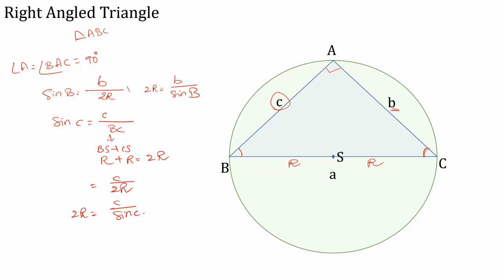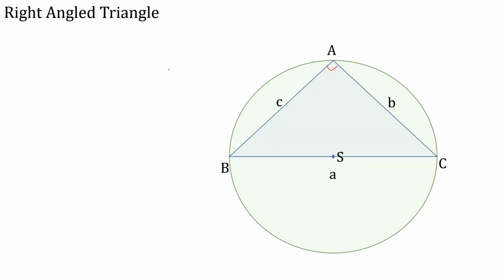But for angle A, the opposite side is BC, which is nothing but a. But we know that BC is nothing but BS plus CS, which are both the circumradius.